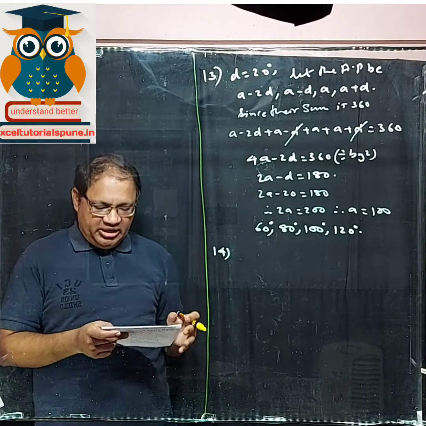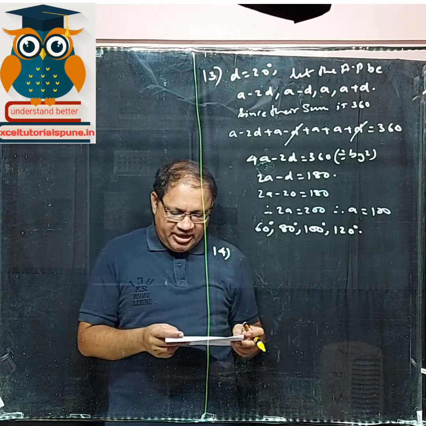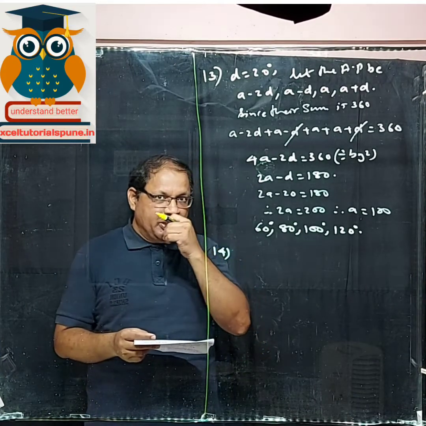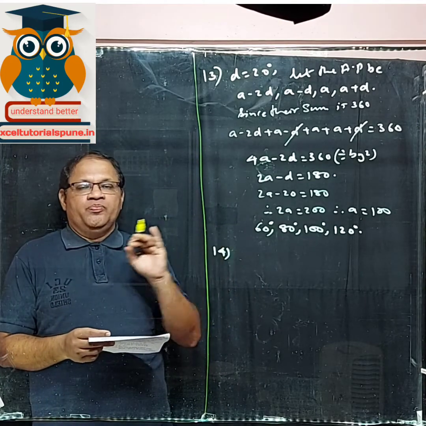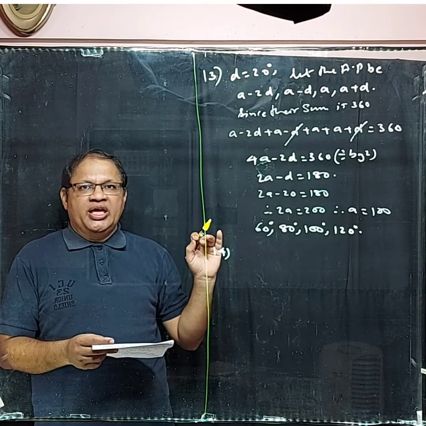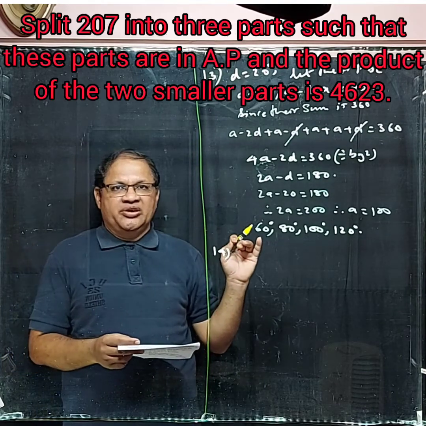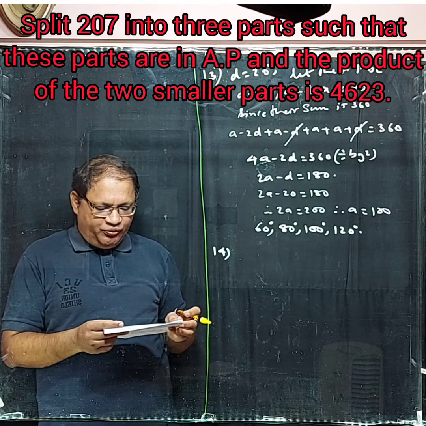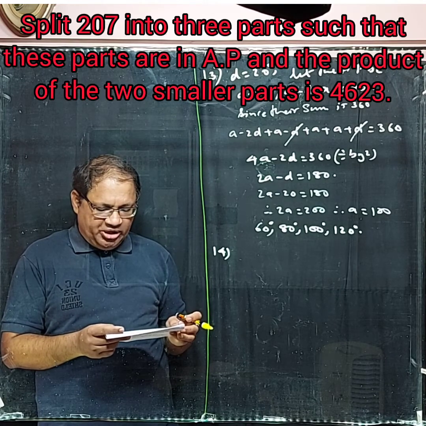Now let's go on to the 14th sum. Split 207 into 3 parts. So when you have to split, take 3 numbers in AP, then how do you have to take? a minus d, a and a plus d, right? Such that these parts are in AP and the product of the two smaller parts is 4623.